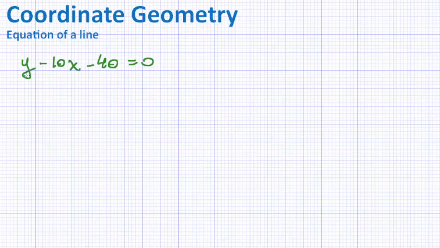So in the previous example, we had this final version of our equation of a line. Again, this is what we call the standard form or the general form. But there's another way, which is far more common, which is the gradient intercept form.